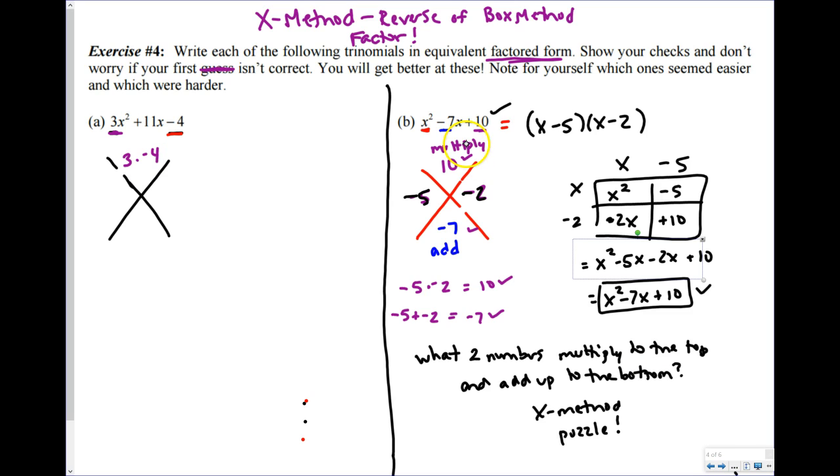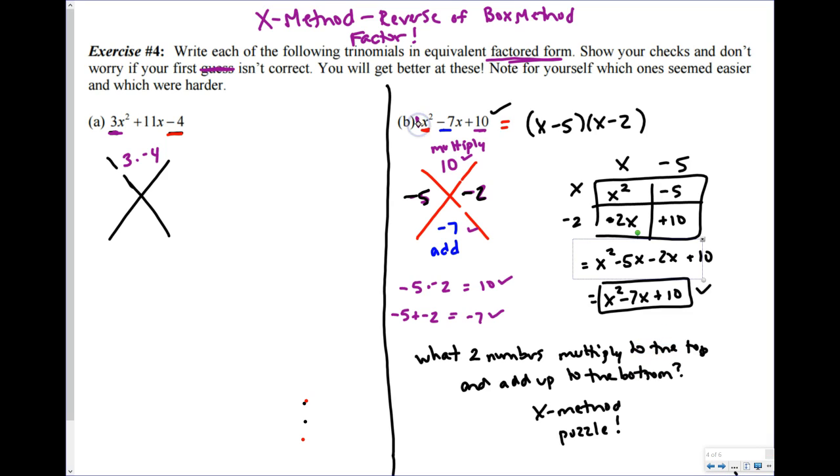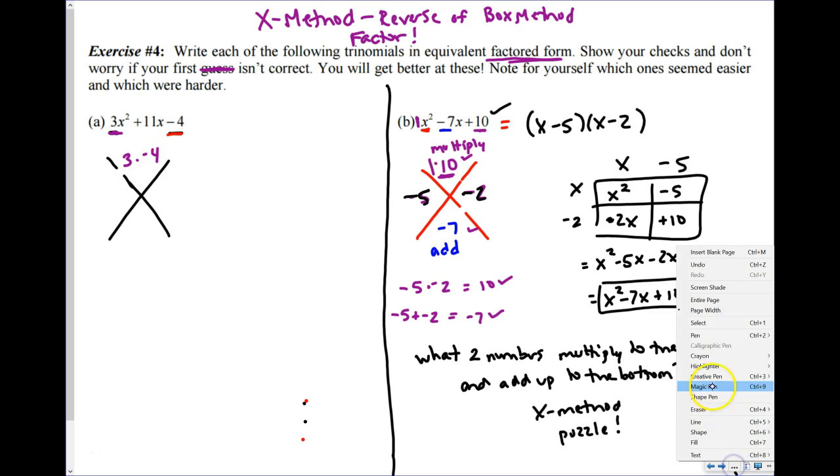Notice in B, what is the coefficient of this first part? What is the coefficient? 1. And what is 10 times 1? It's 10. So really, you're still multiplying it together, but you just don't see it when the coefficient is 1 because 1's invisible. So when it's something other than 1, you have to see it. It's going to be 3 times -4. So I'd keep my puzzle, the middle number, the same.